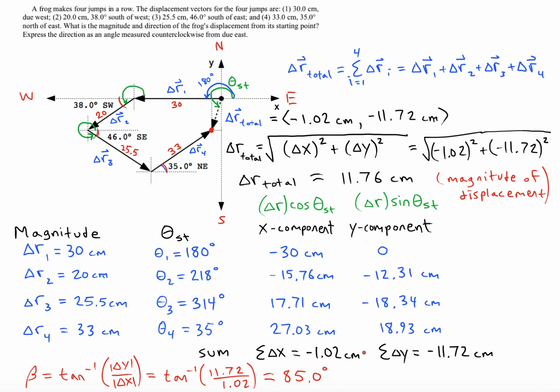And we can see from our components that we're actually pointing in the third quadrant, because the delta x is negative and the delta y is negative. We can also see it in the picture here. So our standard position angle then will be 180 plus 85, which is 265 degrees.